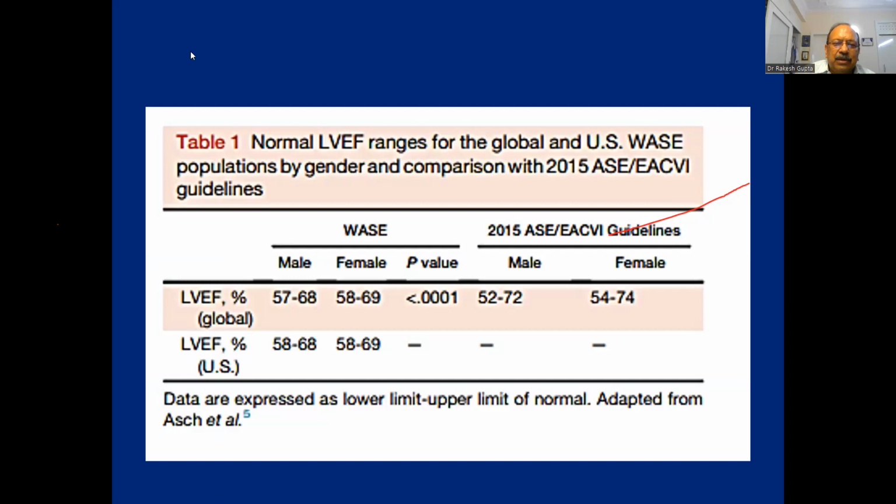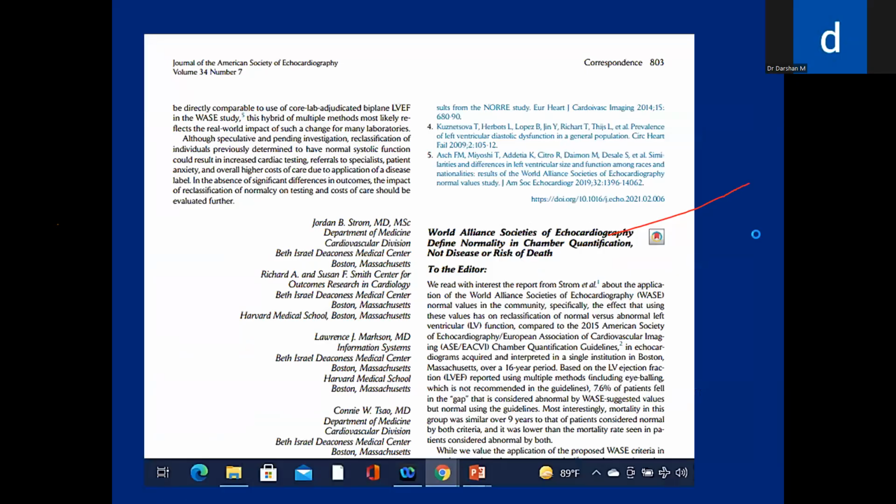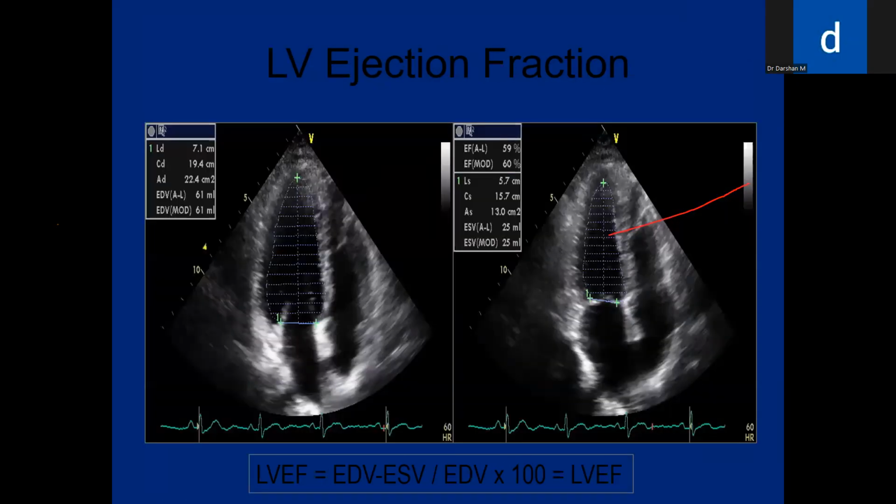Yes, Dr. Somnath, go ahead. Hello. Go ahead, Somnath. Sir, can you show the slide for EF calculation once again? Here it is. Earlier one, sir. Yes, sir, this one.